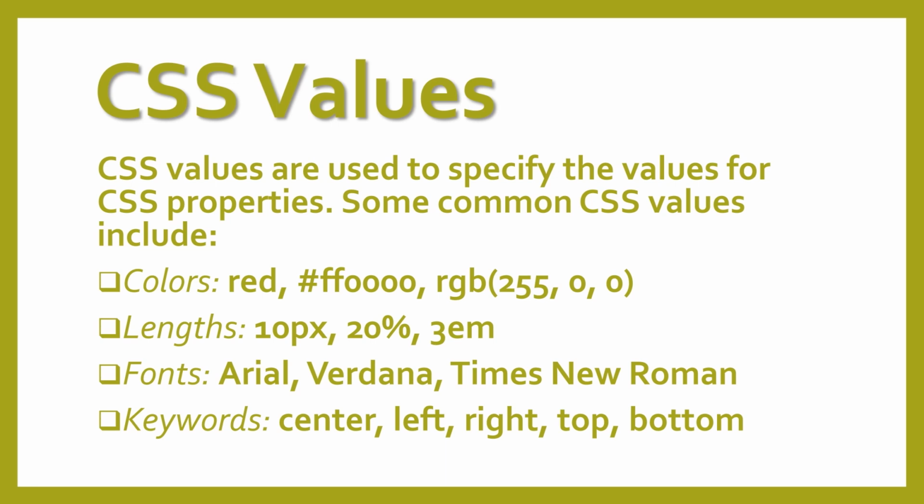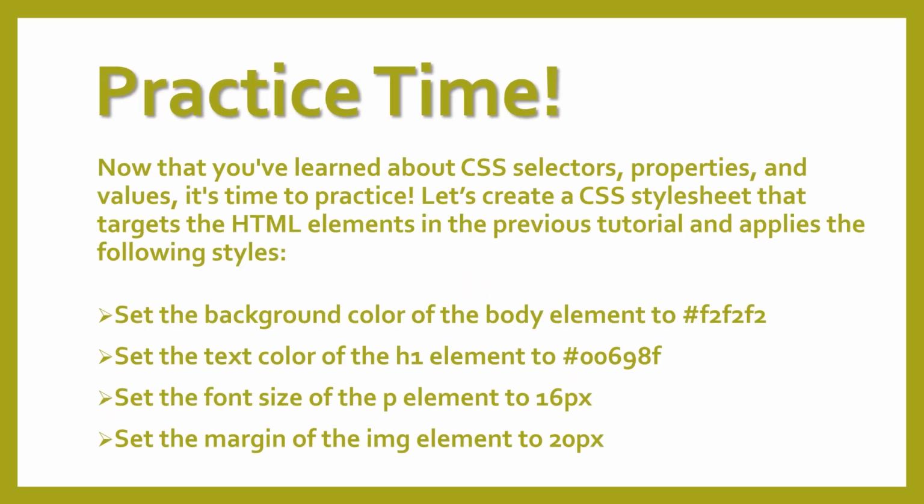And then some keywords are center, left, right, top, and bottom. So these are the basic ways of styling. If you are styling a web page, some of the elements have to be on the right, on the top, and in line and all that. So that is what it basically does.